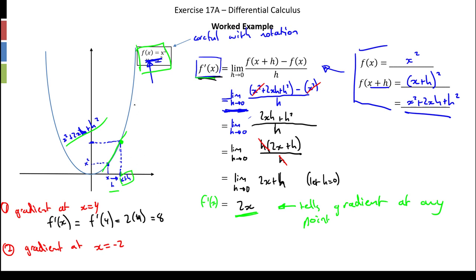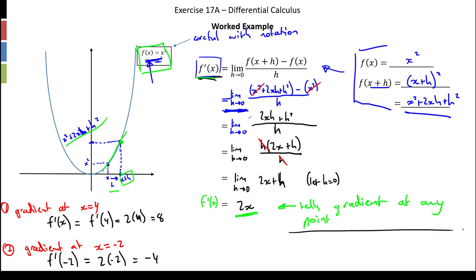So the gradient at x equals 4 is 8, and I guarantee you that is true. Now if I want to find the gradient at x equals negative 2, I need f dash of negative 2. F dash means the gradient, or the derivative function, which is 2 times negative 2, equal to negative 4. The gradient at x equals negative 2 is negative 4.